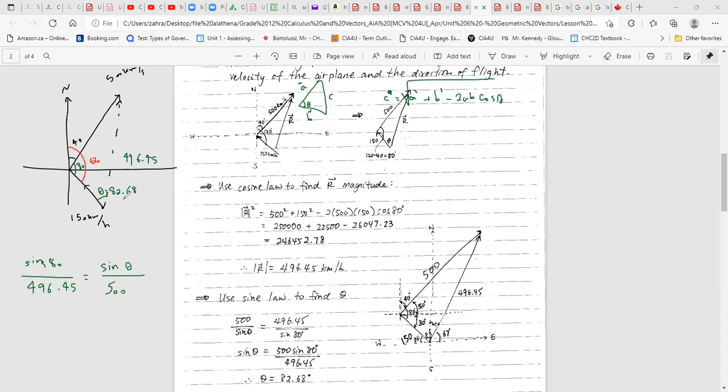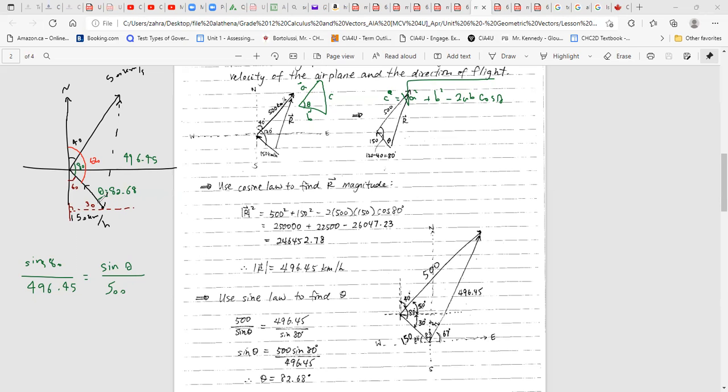Since we wanted to find the angle it's making with the horizontal, we can do that. Knowing this angle from here to here is 120, this angle will be 180 minus 120, so it's going to be 60. This is a right angle triangle, so this is going to be 30.